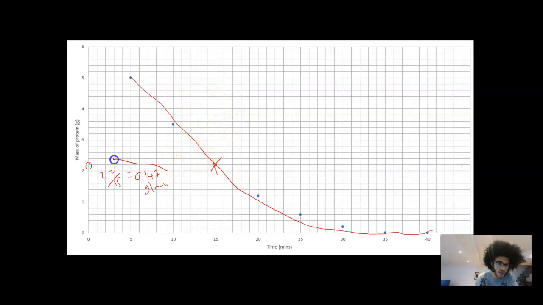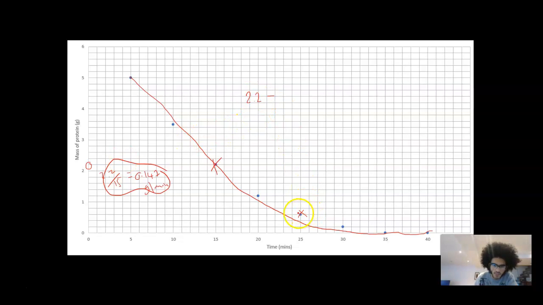But what you might be asked to do is work out the rate of digestion between 2 points for a graph like this. So for example, let's say that we're asked to work out the rate between 15 minutes and 25 minutes. Now between these two different points, we have to do the same thing as before. We have to work out the difference in mass, and then we have to work out the difference in time. So at 15 minutes, the mass is 2.2.